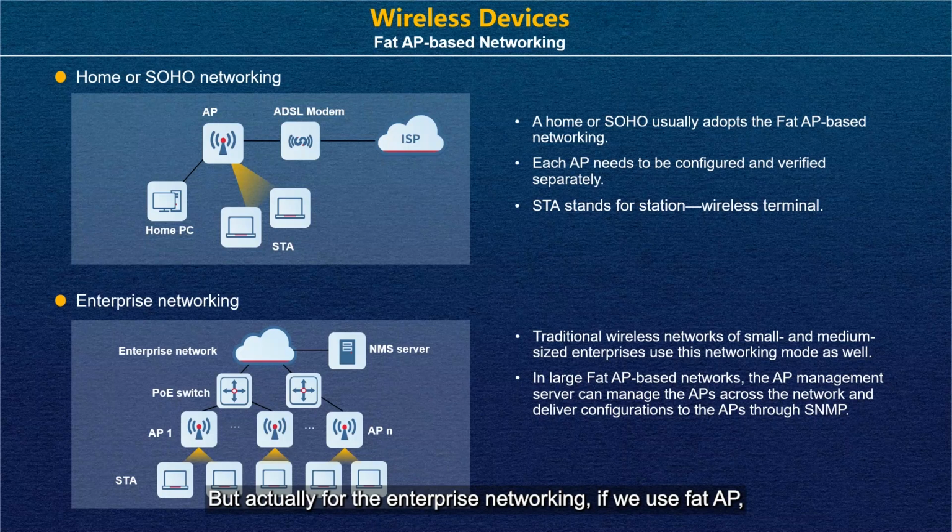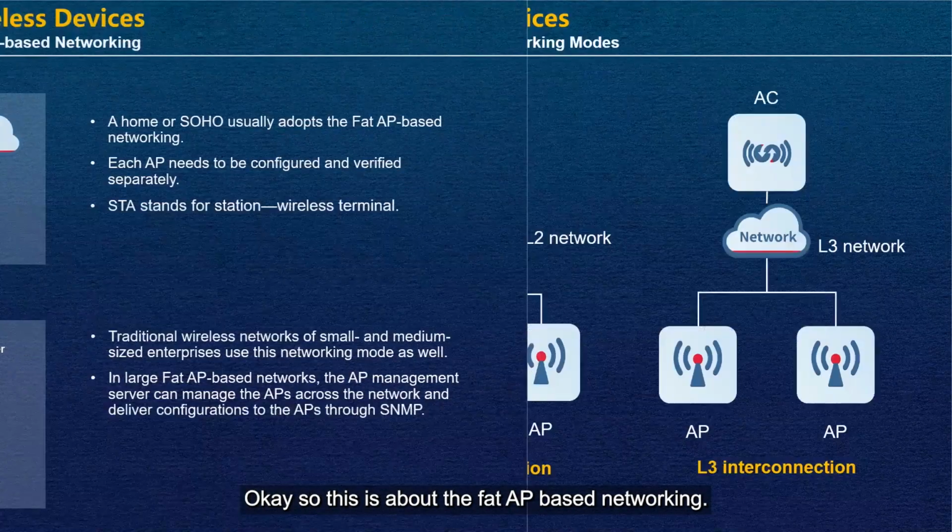But for enterprise networking, if we use FAT APs, it has some shortcomings. For example, with the increasing number of APs, it's difficult for us to manage them, right? And we need to configure them one by one, so the workload of the engineer increases. Okay, so this is about the FAT AP based networking.